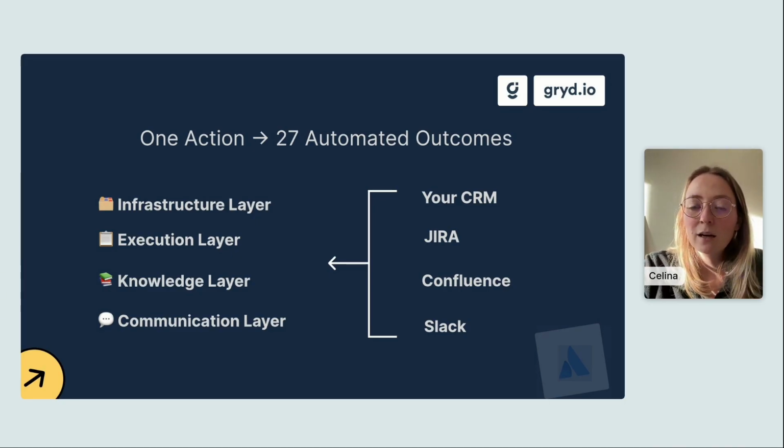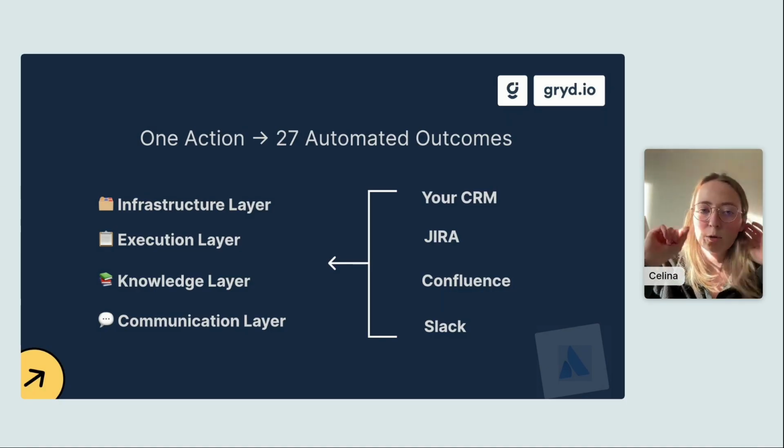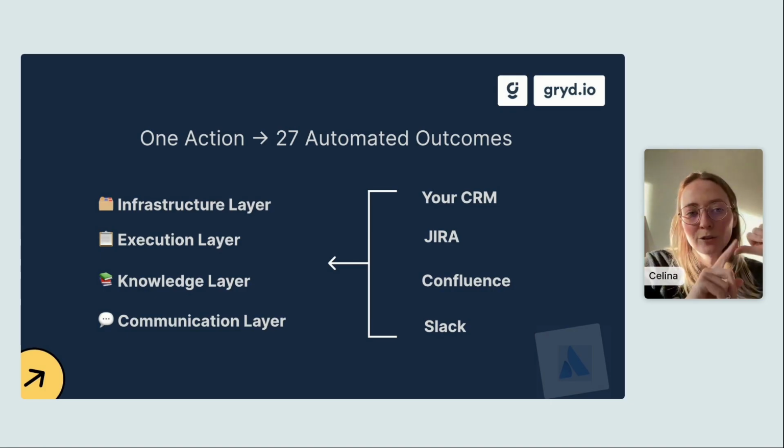Here is what happens when a deal is marked as won. One click is triggering a complete ecosystem. We have a CRM, we use HubSpot. The deal is won. Then we have a new Jira project created with a unique key, all permissions, notifications, and workflows standardized, and all onboarding tasks instantly assigned.